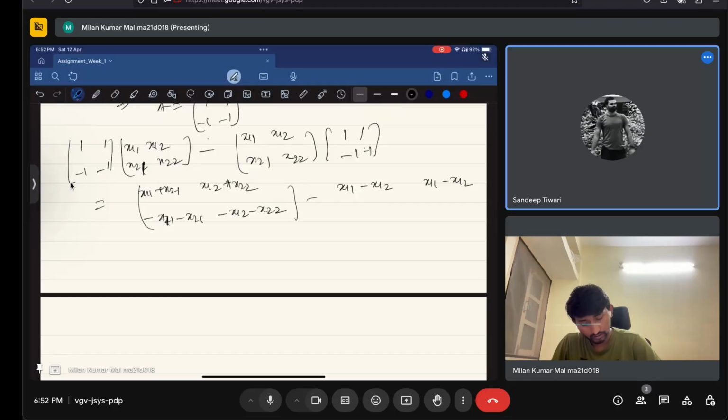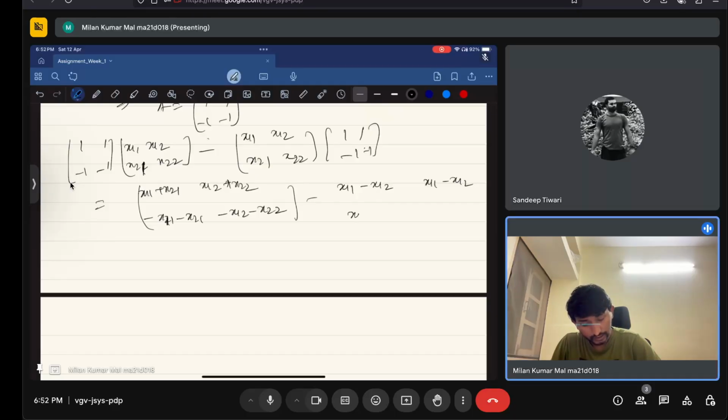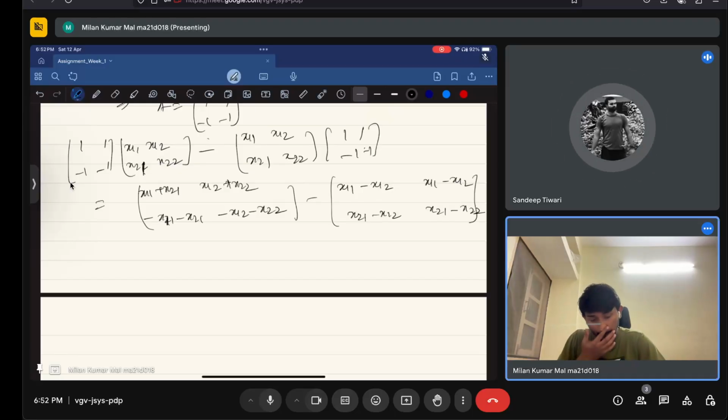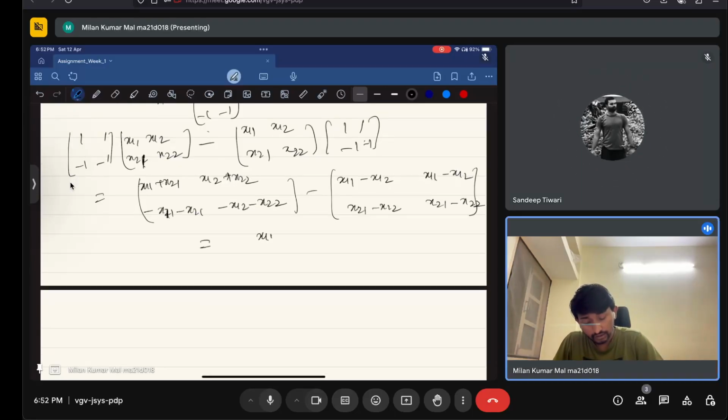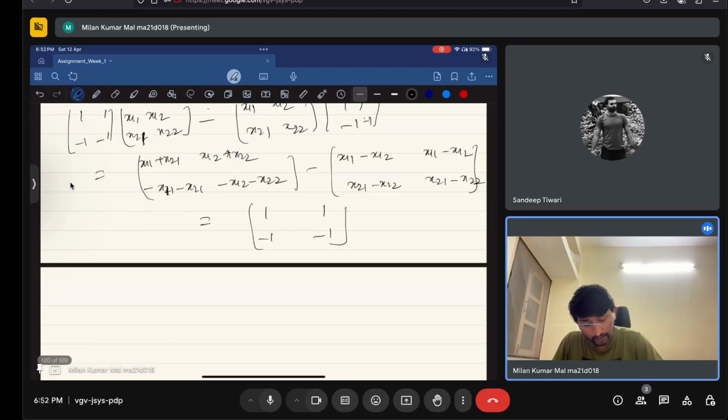Yes, that's true. x21 minus x22, that will be x21 minus x22, right? So therefore column 1 is equal to 1, 1, minus 1, right? Yes sir. Therefore, the only option is that x11 cancels out, sorry.